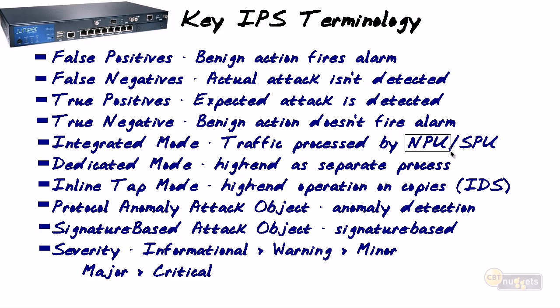It's integrated into the Junos, okay? The firewall process handles the IPS process, in other words. Now, the processors on our Juniper SRXs, they are multi-core, they're multi-threaded, so we can do this concurrently without any problem. This is the default option, even if you're using a high-end SRX, is integrated mode.